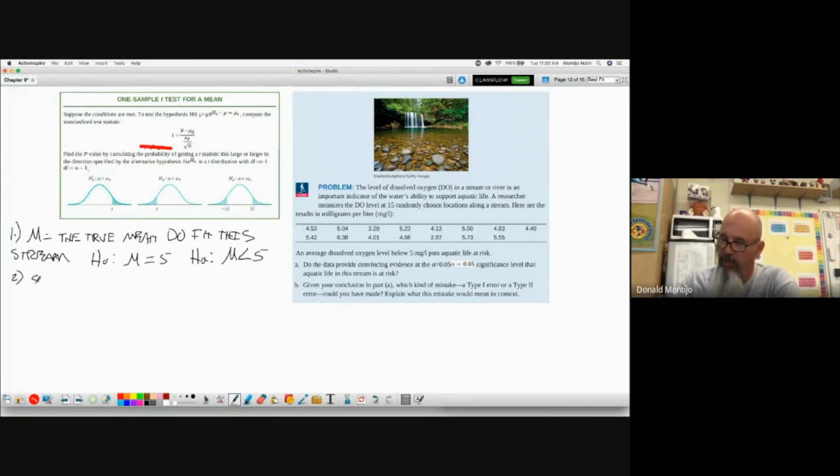So step 2, SRS, they told us. Independence. How do we test independence? Oh, we would have to assume that there are more than 150 spots to gather water.